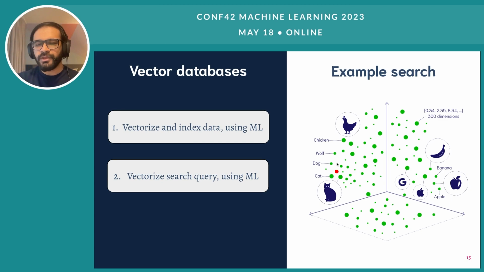And the human understandable representation for this query is nothing other than a word. So in this case, the word being kitten. So if a user comes along and queries your vector database with the word kitten, that word goes through the same machine learning model, it gets projected into vector space, and it creates that red dot.